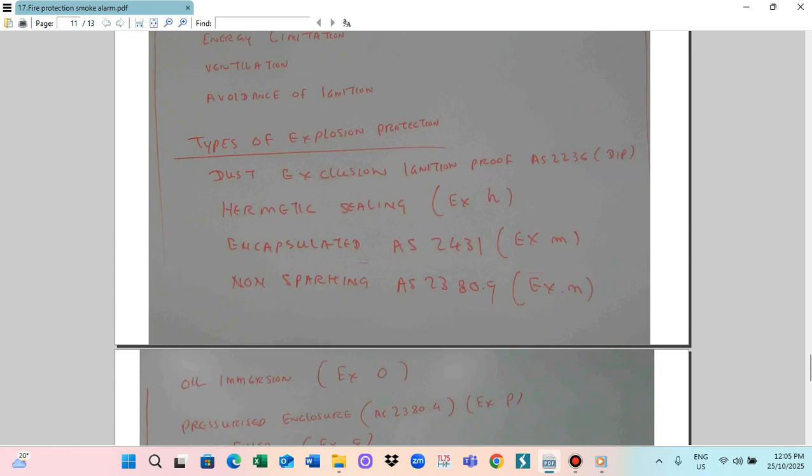The types of explosion protection include dust exclusion, ignition protection in accordance with AS 2236, hermetic sealing, encapsulation, and so on. In this case, we use AS 2431 and non-sparking AS 2980.9.